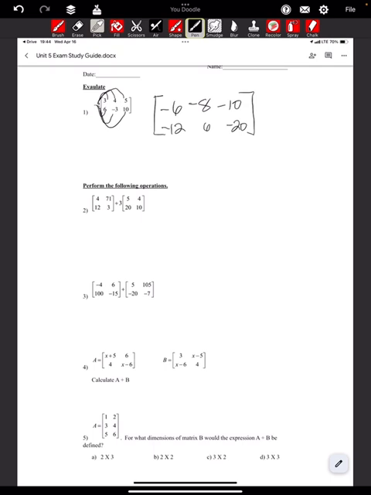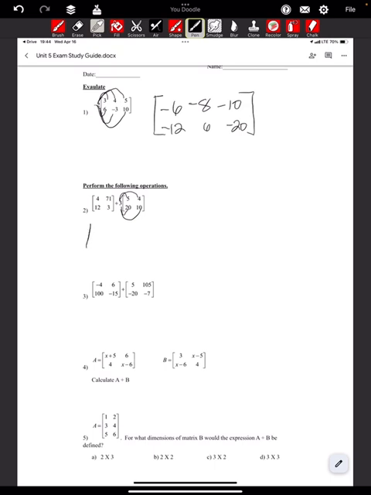All right, number 2. Now, number 2 is an addition problem. First thing we want to look at is they're the same size, so we know they're compatible, so they are defined or possible. But if you notice from the second matrix, we have this 3. So just like we did on number 1, we're going to multiply everything in the second matrix only by positive 3.